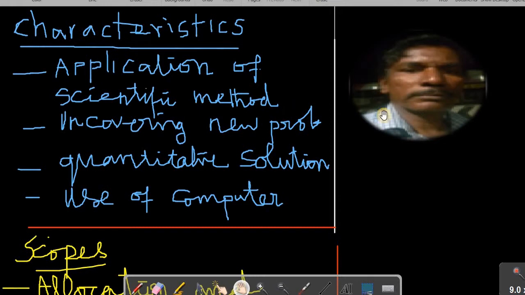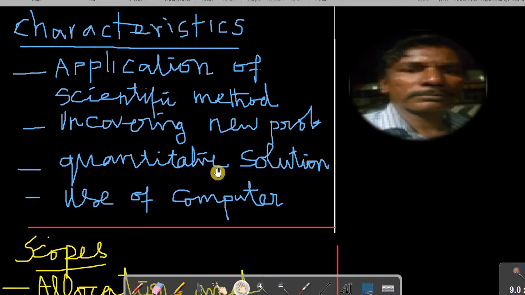Operation research takes a scientific method to solve the problem. The second characteristic is uncovering new problems. When you go into operation research, you will see that it uncovers so many new problems in the situation.